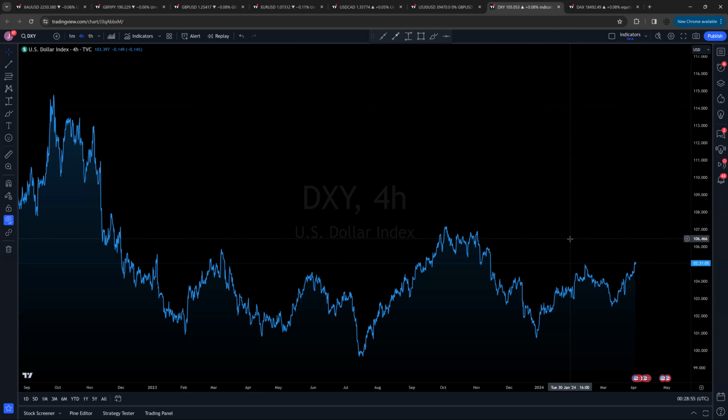Because there's expectations that these other central banks may cut rates before the Feds, it still keeps more currency demand in the dollar as your world reserve currency versus your basket of risk currencies. Does that make sense to everybody?